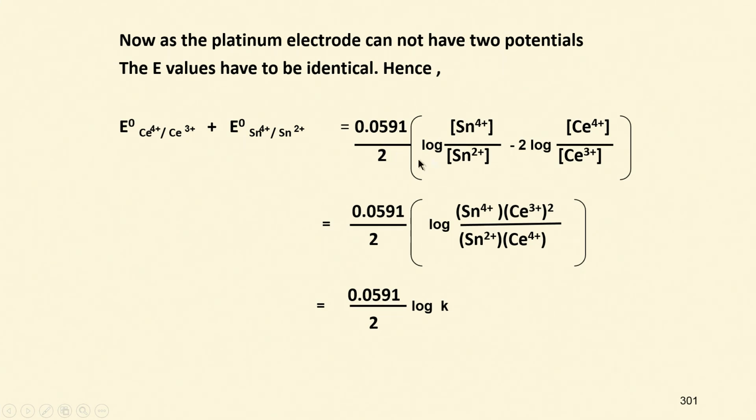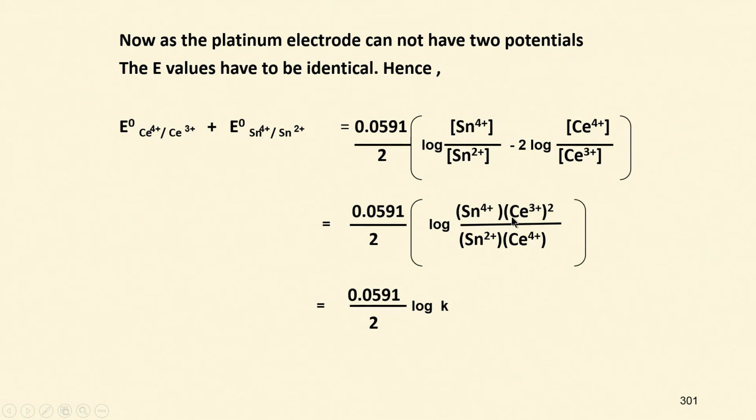In the stannic reaction, E naught ceric-cerous minus E naught stannic-stannous is nothing but the difference between the potentials of these two systems. So, 0.0591, it is a 2 electron system, and this would be twice the molarity and volume of the ceric solution required, because ceric-cerous is a single electron system and this is a 2 electron system.